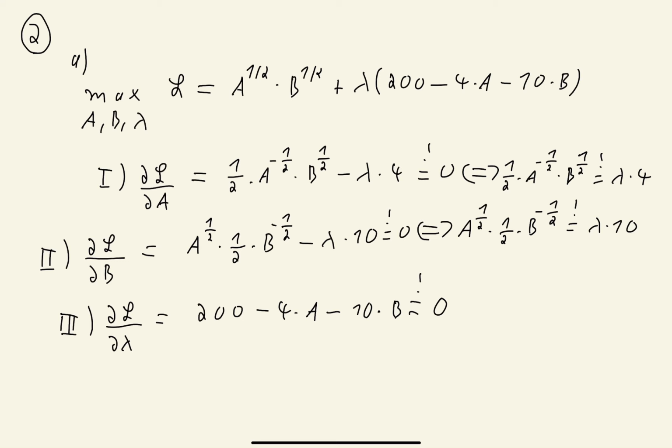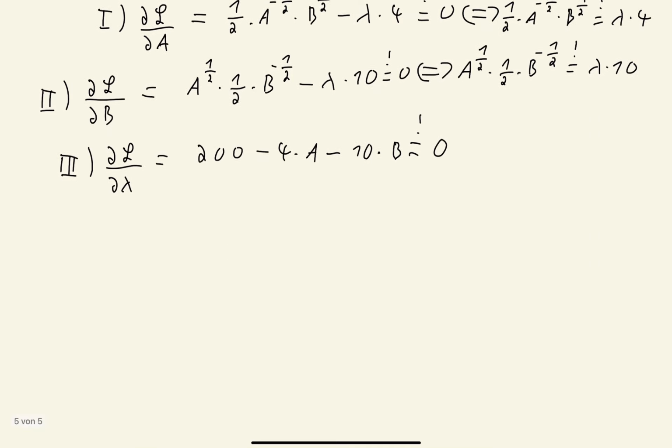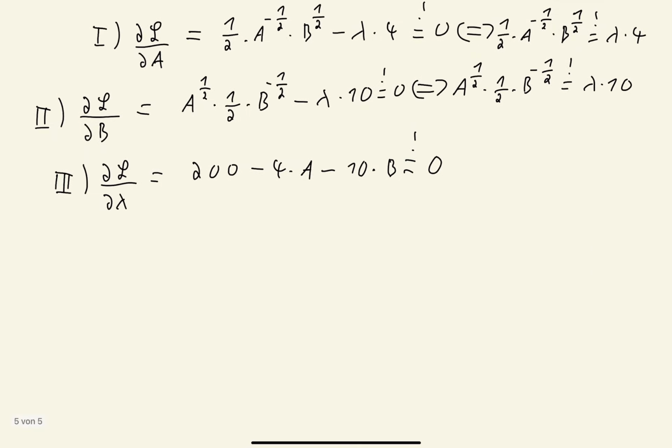Okay, so what do we do next? Next, using these first order conditions, we need to find out the optimal ratio of apples and bananas in equilibrium given the market prices.